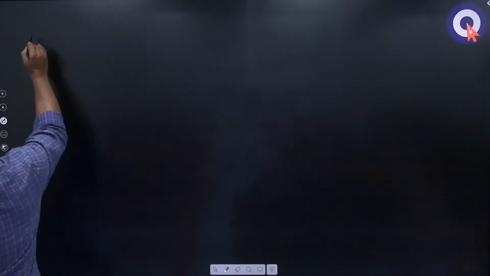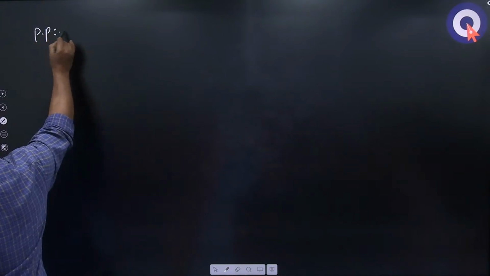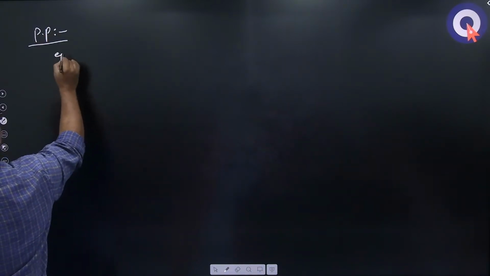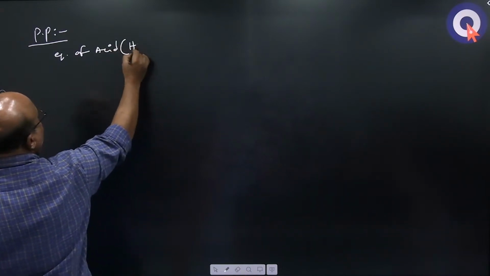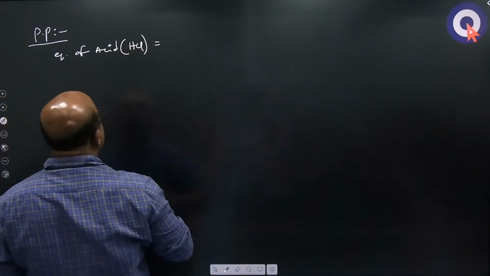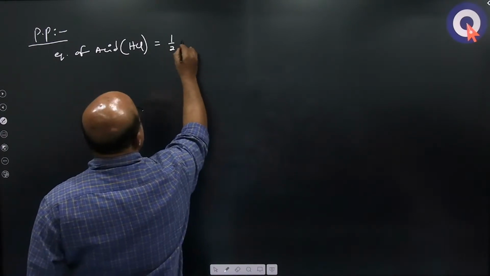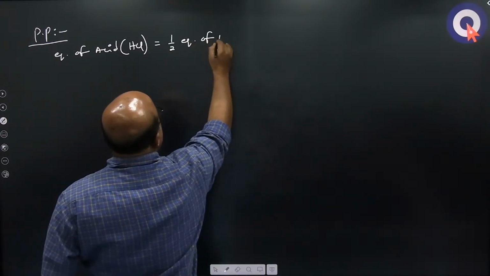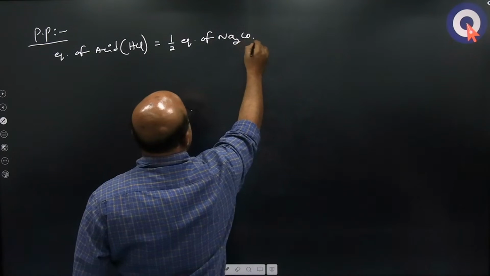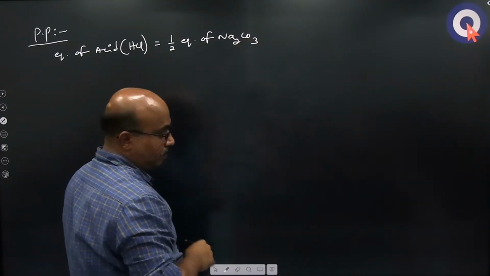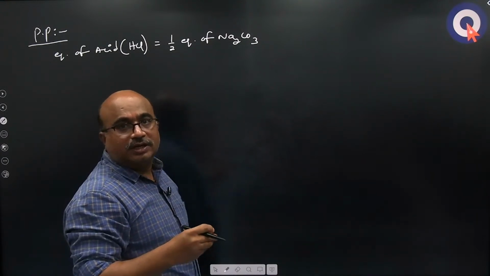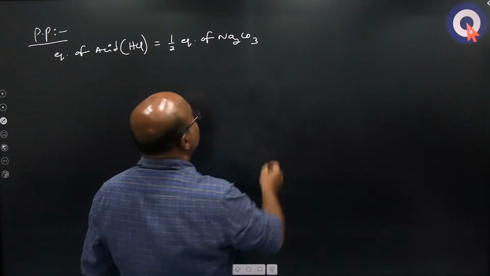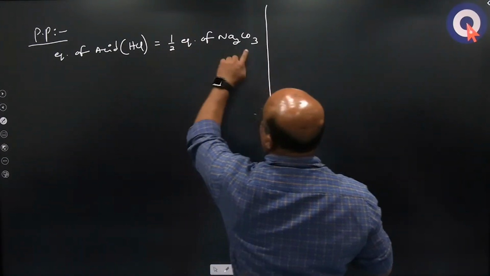So first, when phenolphthalein was used, the equivalents of acid, HCl in this case, should be equal to only half of the equivalents of Na2CO3, because sodium hydroxide was not there. But later he did not continue from here.